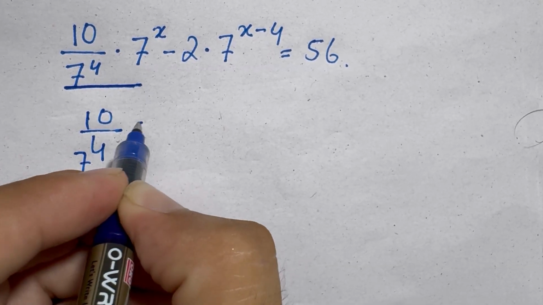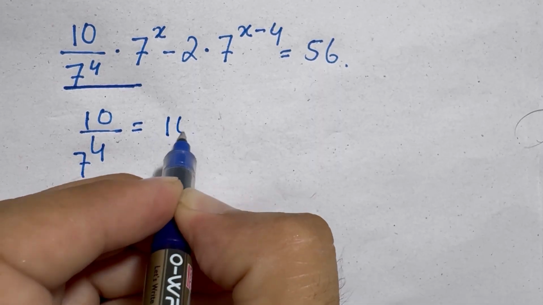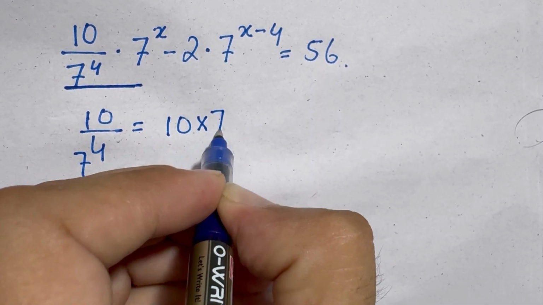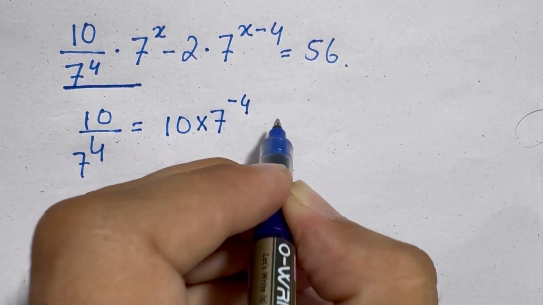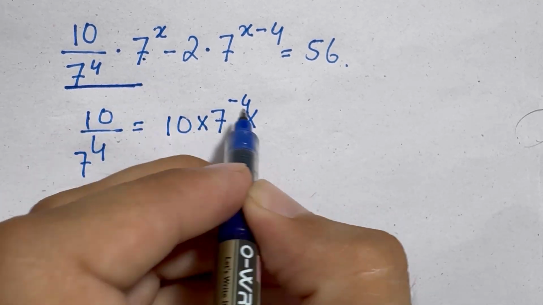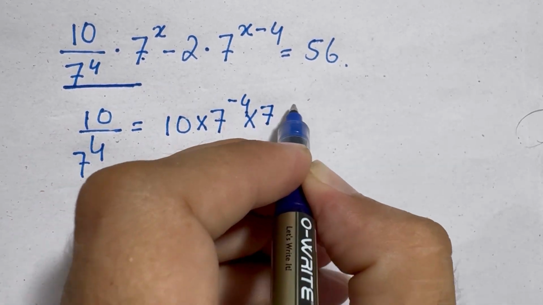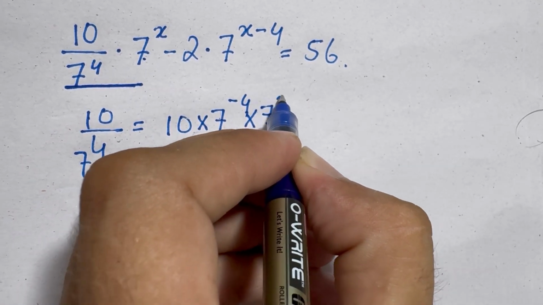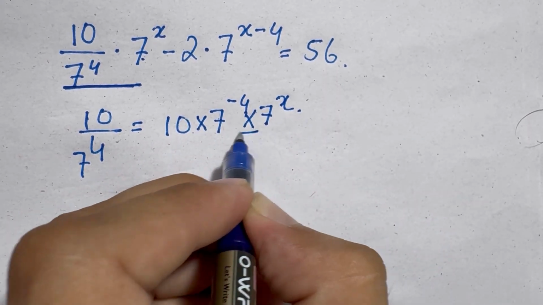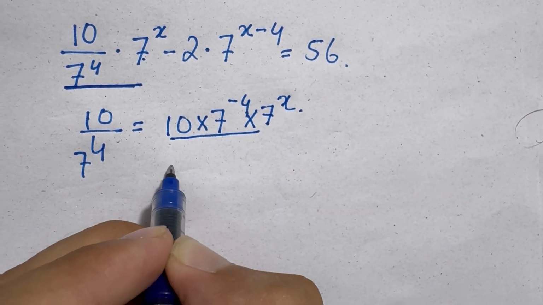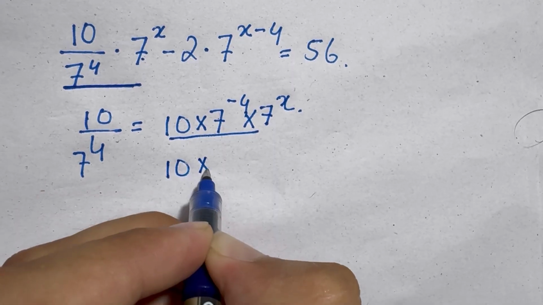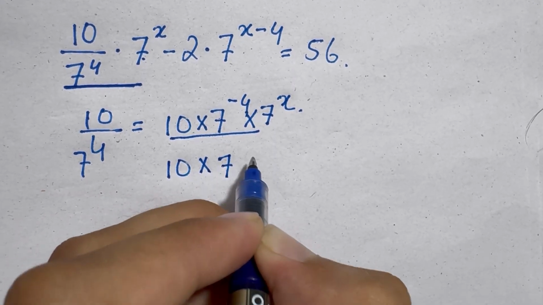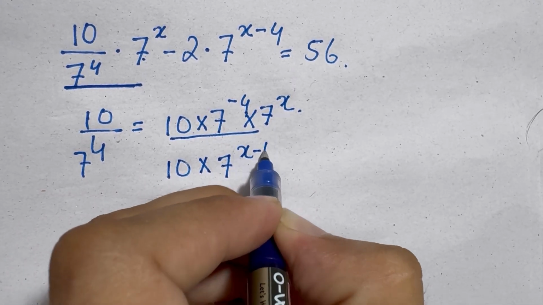I can write it like this: 10 multiplied by 7 power minus 4, multiplied by 7 power x. So this term will become 10 multiplied by 7 power x minus 4.